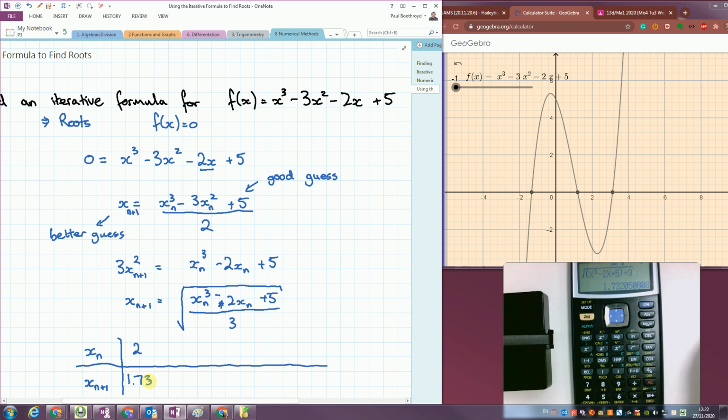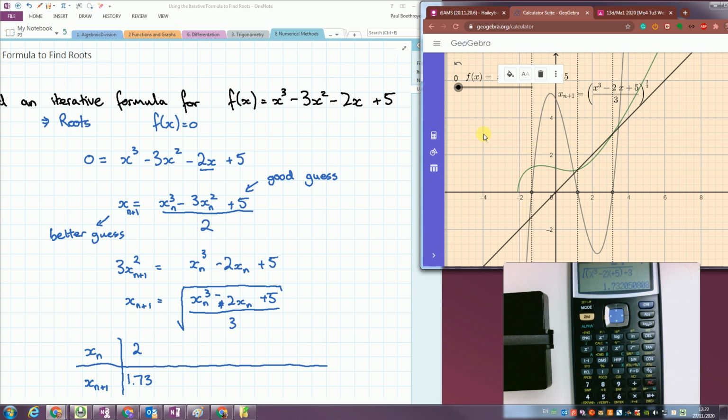This gives me my next number, 1.73. What we're actually doing by this is we've rearranged the equation so that we've got 2 equations. We've got the function x cubed minus 2x plus 5. So this is the function, the green line, x cubed minus 2x plus 5, all divided by 3, square rooted.